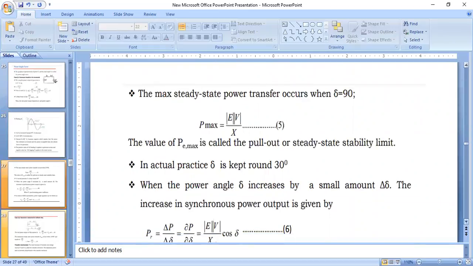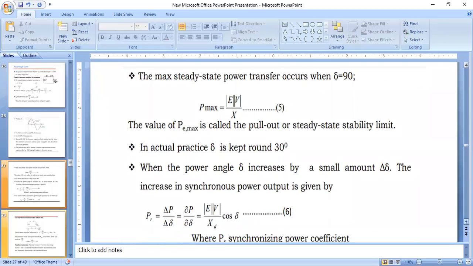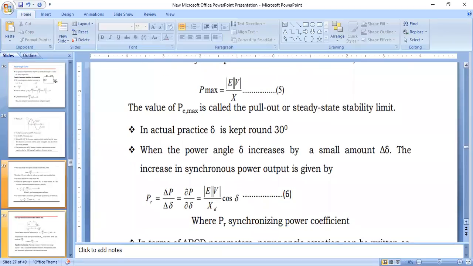The maximum steady state transfer power occurs when delta is equal to 90 degrees. Then P maximum is equal to EV/X, that is equation 5. The value of PE maximum is called the pull-out or steady state stability limit. In actual practice, delta is kept around 30 degrees.